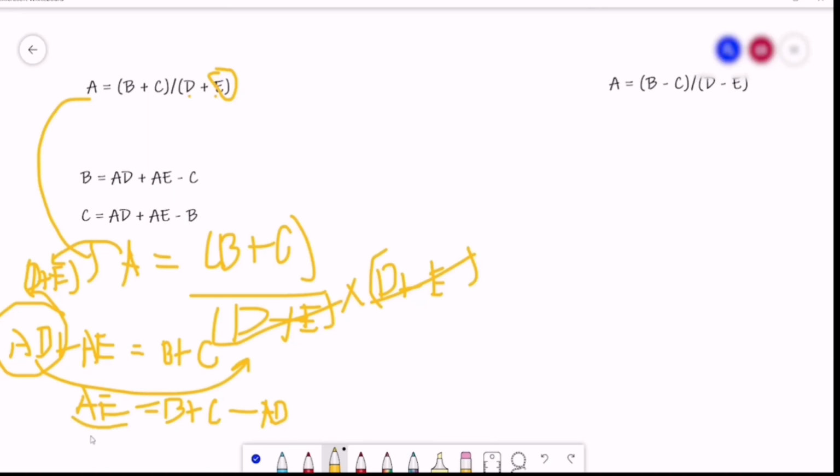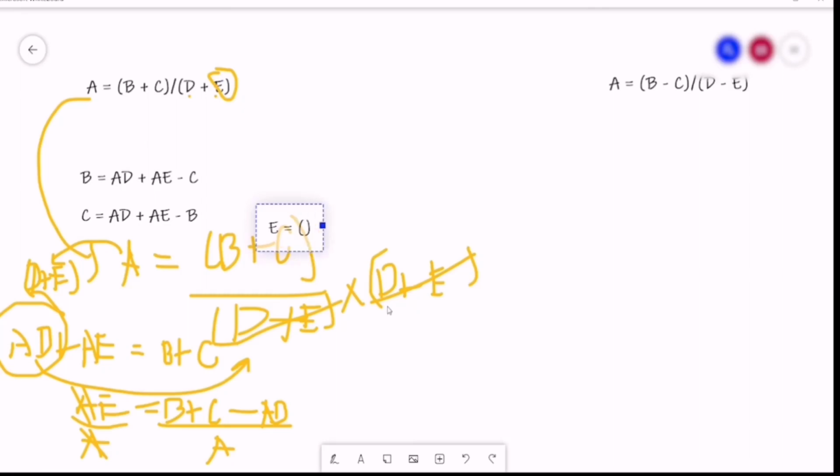And then eliminating a, which would make us have the resulting formula of e equals the quantity of b plus c minus ad all over a.